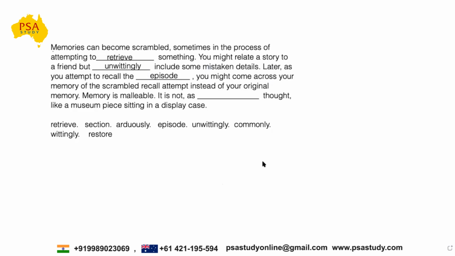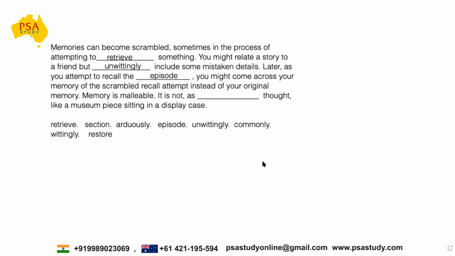Right? Let's move forward. Memory is malleable. It is not as dash thought, like a museum piece sitting in display case. Again, we have a blank before a verb. Thought, think, thought. So we have the second form of the verb. And again, we need to fill an adverb. Right? So unwittingly, we already have filled.